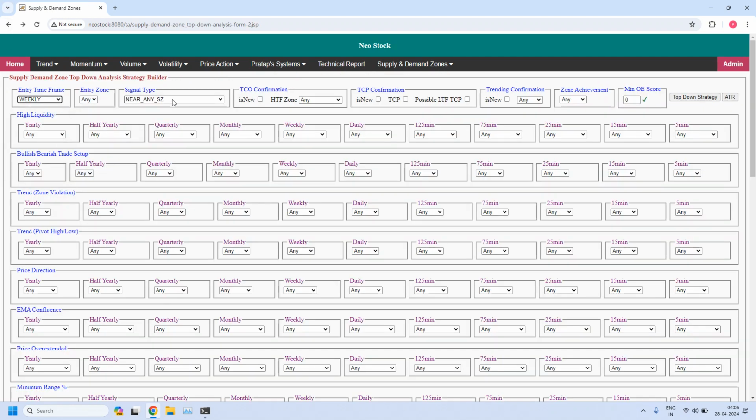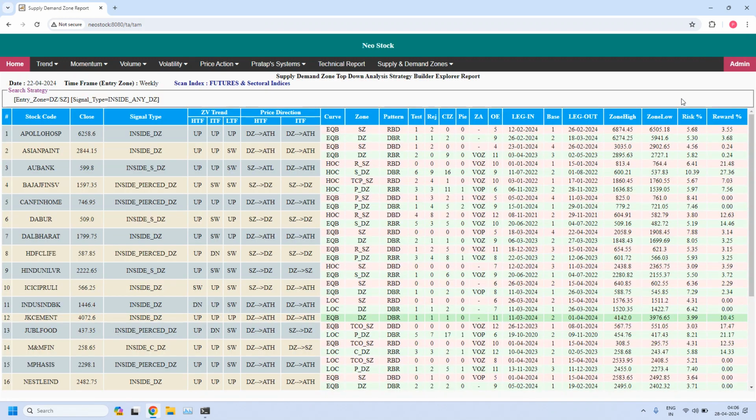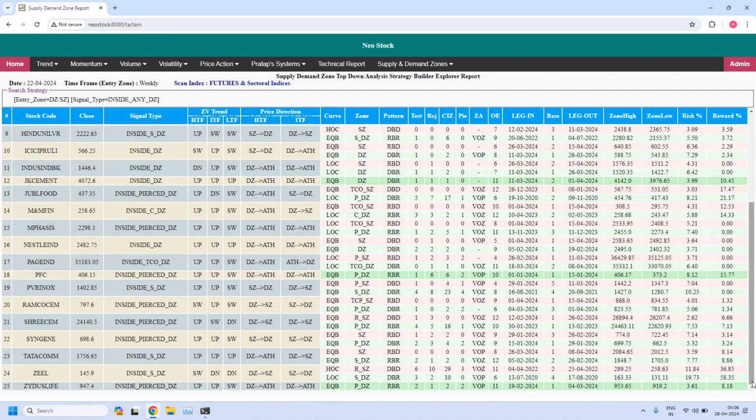For weekly time frame, let us find the stocks where price closed inside weekly demand zone. So this is the filtered list. Let me scroll down. So total 25 stocks are filtered where price closed inside weekly demand zone.